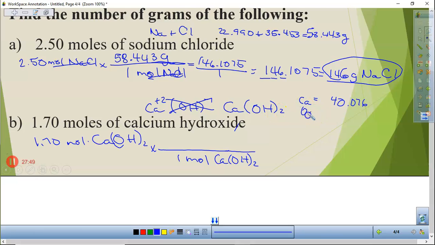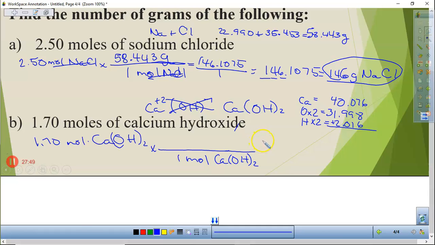So oxygen times 2 is 15.999 times 2, which is 31.998, and hydrogen times 2 is 1.008 times 2, 2.016. I'm going to add all those together to get the molar mass to go right here. 40.076 plus 31.998 plus 2.016.